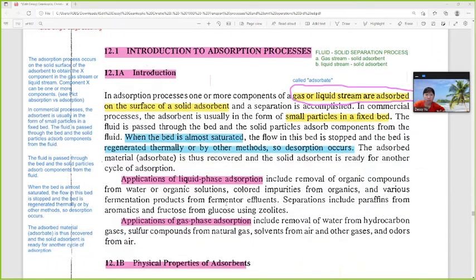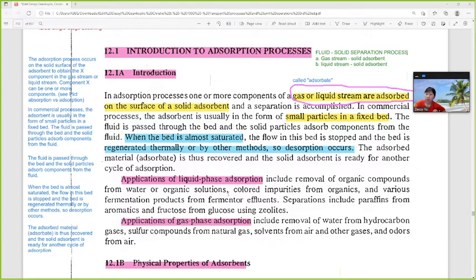Okay, in commercial processes, the adsorbent is usually in the form of small particles in a fixed bed. The fluid is passed through the bed and the solid particles adsorb components from the fluid.